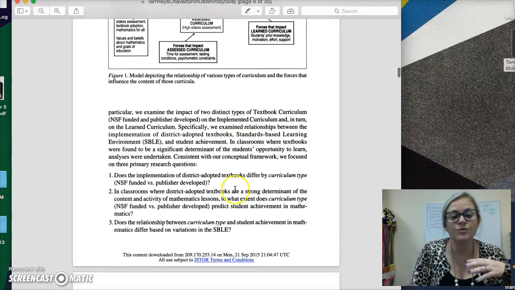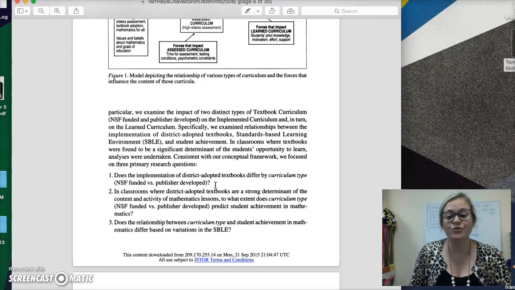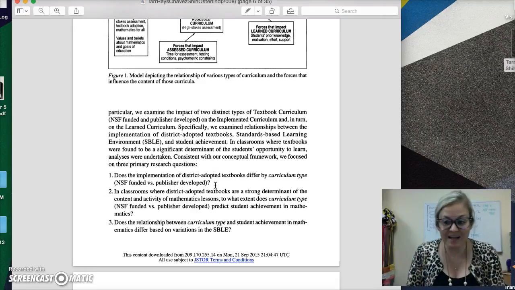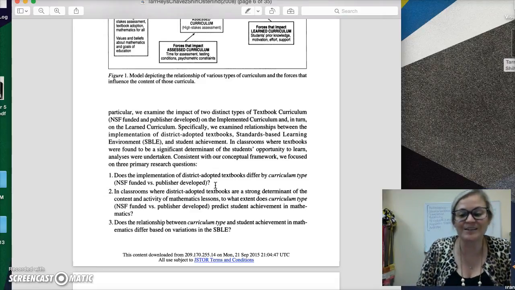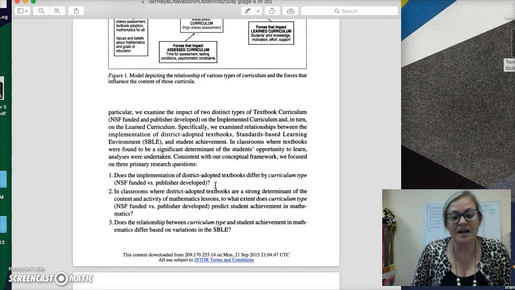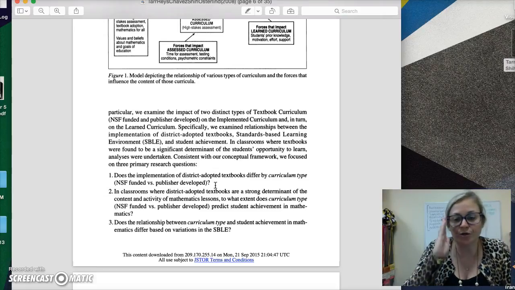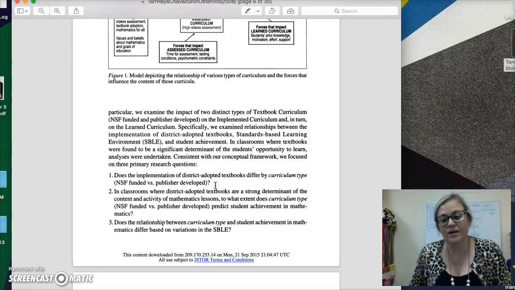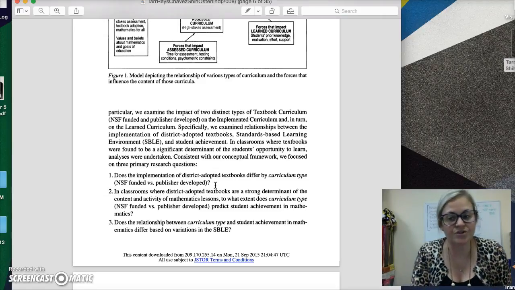Then the research questions should be clearly stated or obvious to find in an article, but it's very important that the results are connected to the research questions. Sometimes in research articles that's harder to see than others, but usually in higher tier journals, and this is a really good journal in my field, they are connected pretty well, and it's pretty obvious to see how the results connect to the research questions.